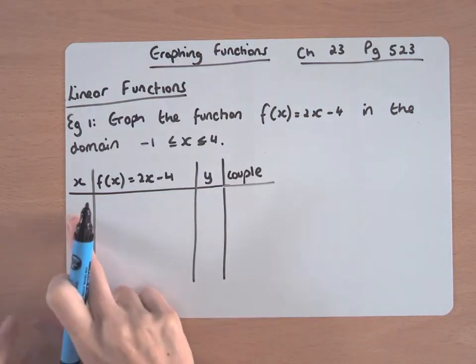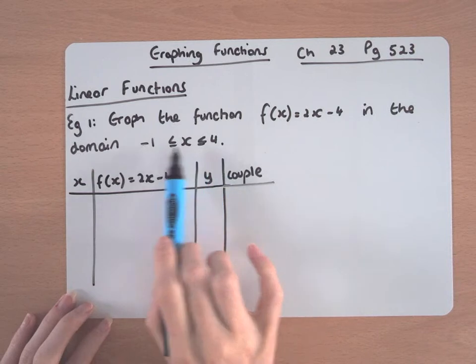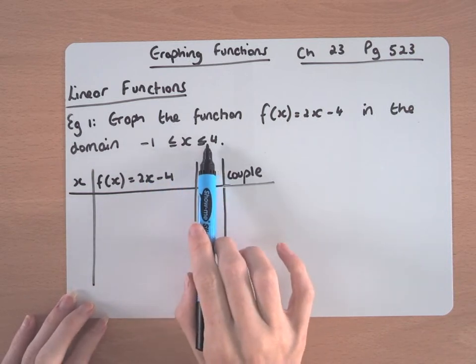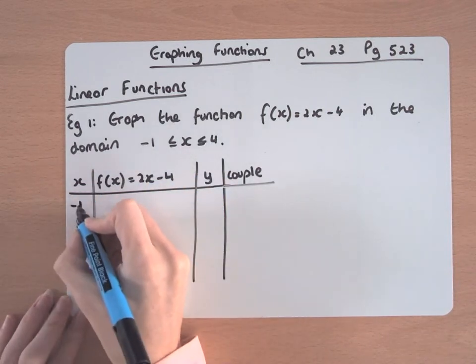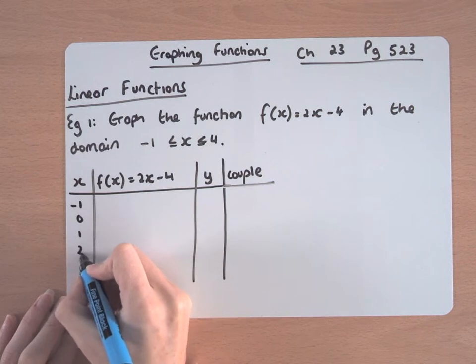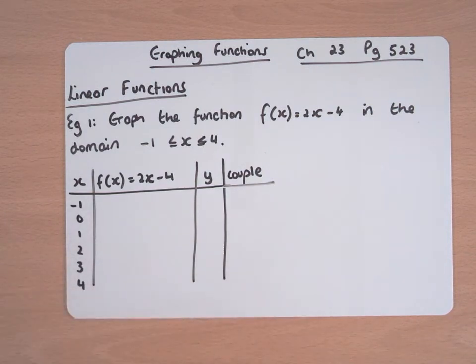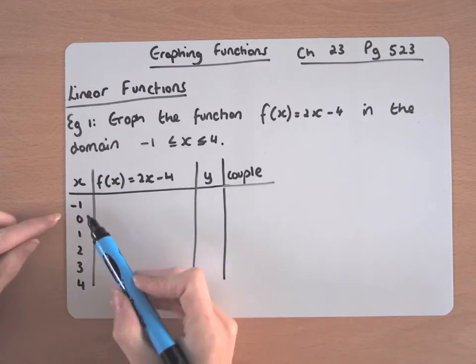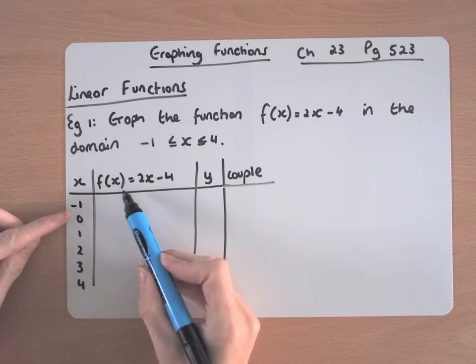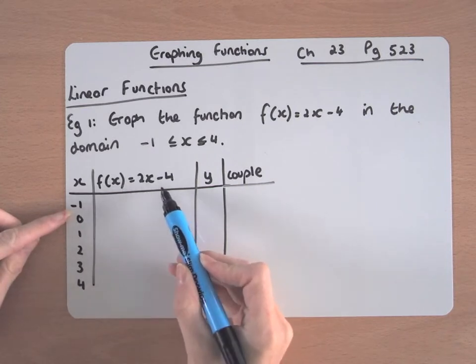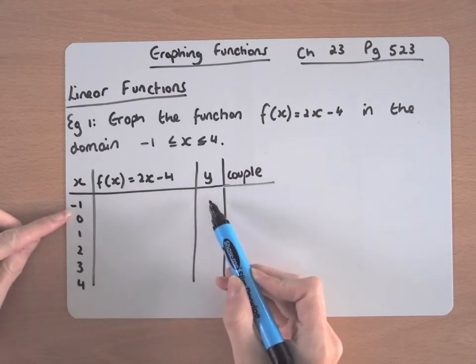Okay? So my x's are here from minus 1 to 4. So write them in. Minus 1, 0, 1, 2, 3, 4. Now, if my x is minus 1 and my function is 2x minus 4, how do I get my y?